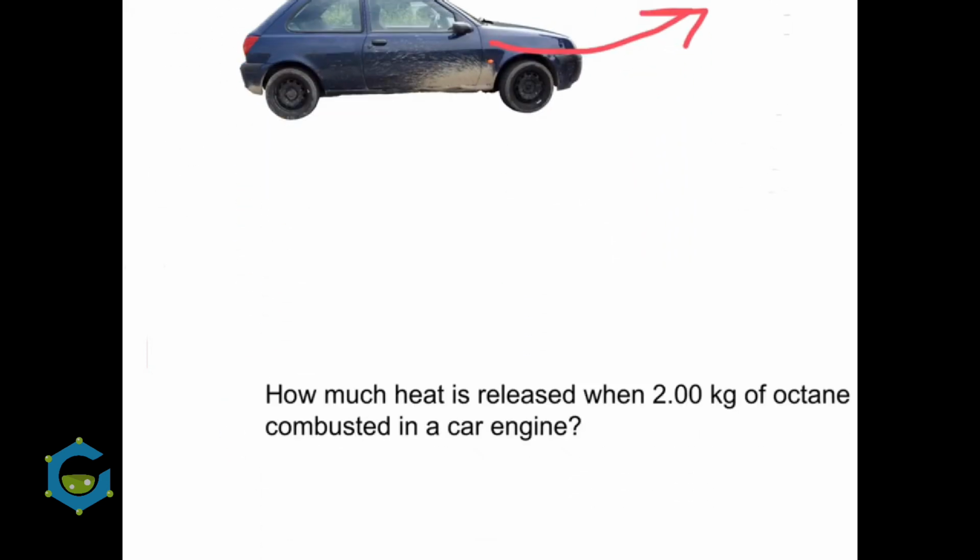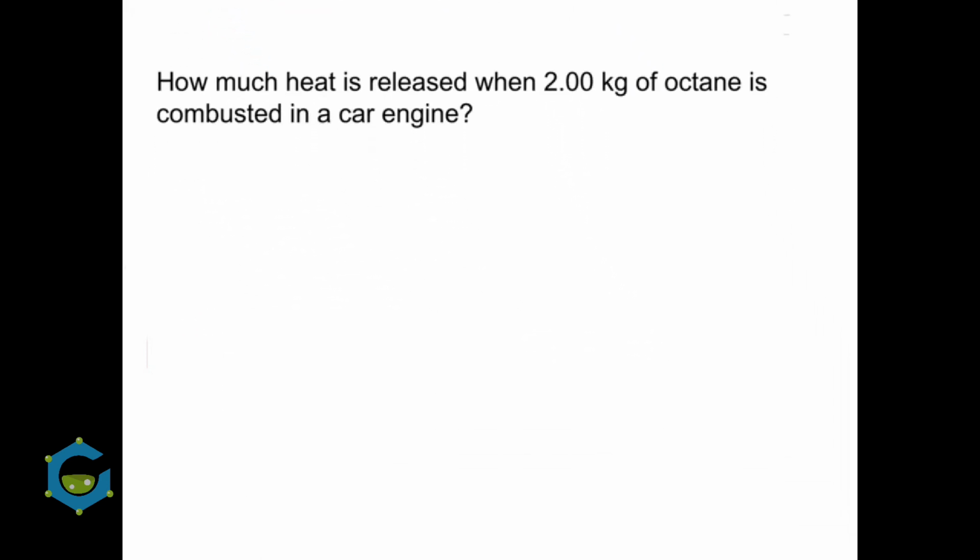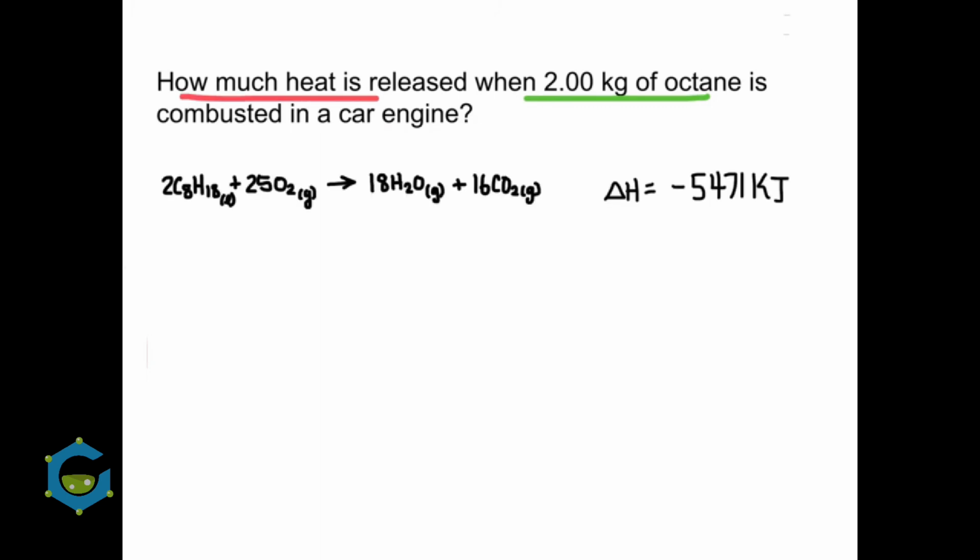So let's try calculating the amount of heat produced for that chemical reaction. This problem says, how much heat is released when 2 kilograms of octane is combusted in a car engine? First, we have to start with that balanced chemical equation. The beauty of balanced chemical equations is that they act like recipes.